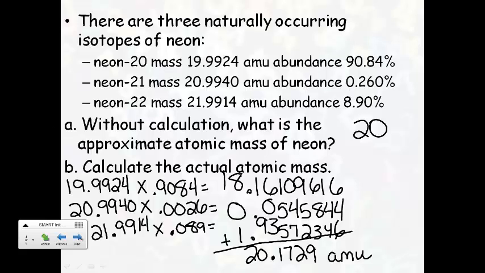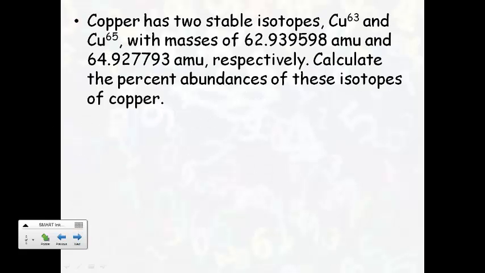Now, what if we were asked to go in reverse? All right, so in this problem, we have two isotopes of copper, 63 and 65, it gives us their masses, and wants us to find the percent abundances. Okay, so we have to look at our periodic table to determine the average mass of copper.